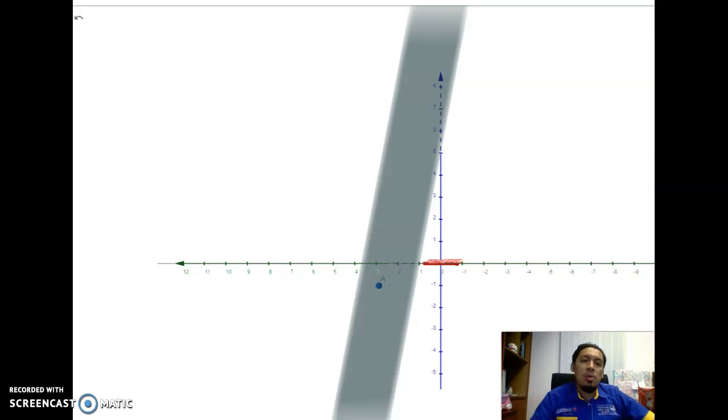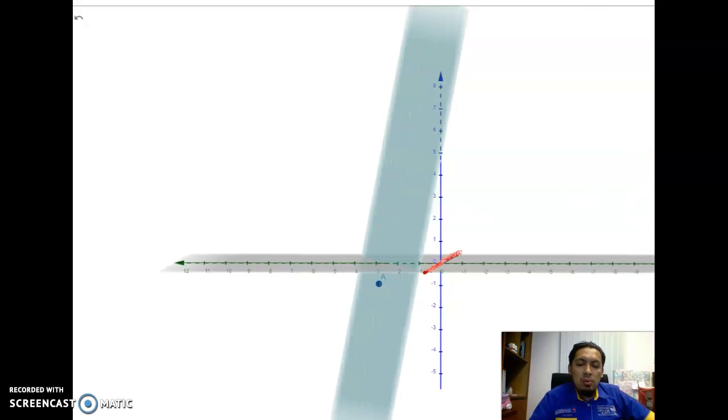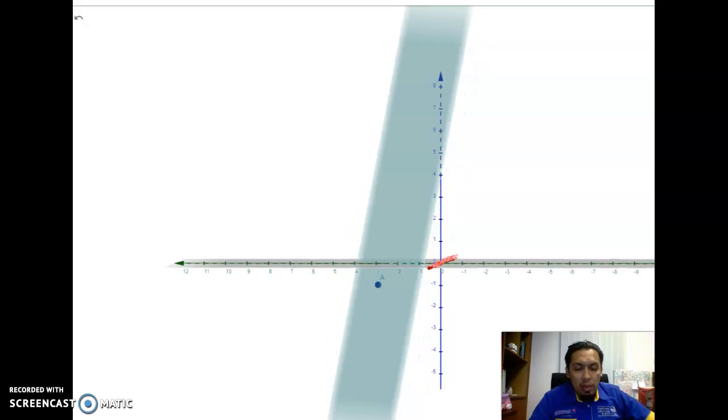This is also a plane for A. So I hope you get the idea that when we want to find an equation of a plane for this particular location, we have millions of possibilities, because you can have different kinds of tiltness.